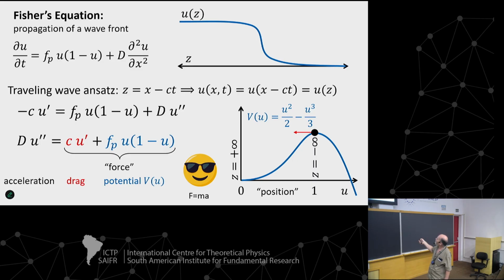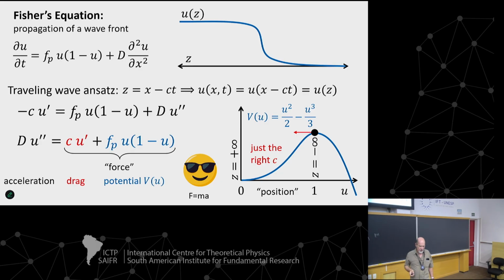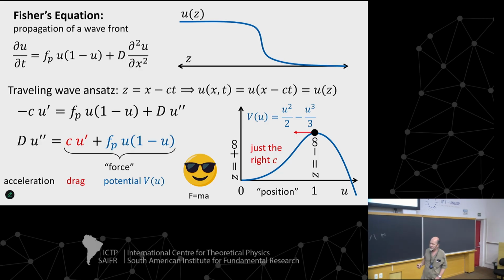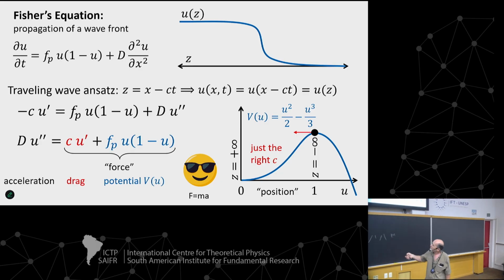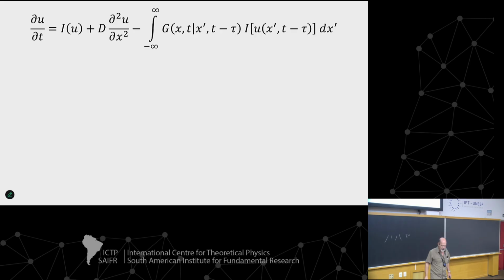So the particle will have to move from here to here and stop here. And this will happen with a particular value of c, which will give you the velocity of the propagation of the waves. So it will have just the right viscosity to reach this point with 0 velocity at z plus infinity, right? This is the standard way of interpreting the solution of a traveling wave in Fisher's equation.